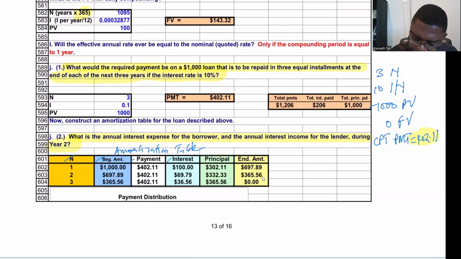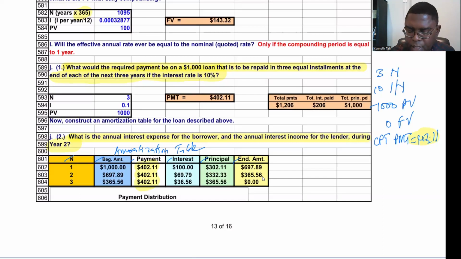This is the payment. This is the interest payment, principal, and end amount. So the argument is that this 402.11, we make this payment periodically. So we pay year 1, we pay year 2, we pay year 3, and that is enough. That is going to pay off our loan.